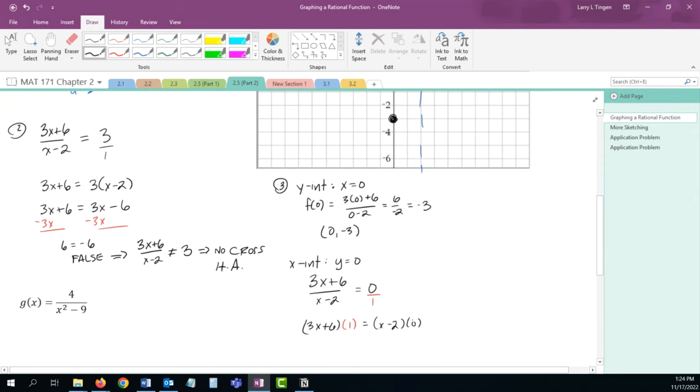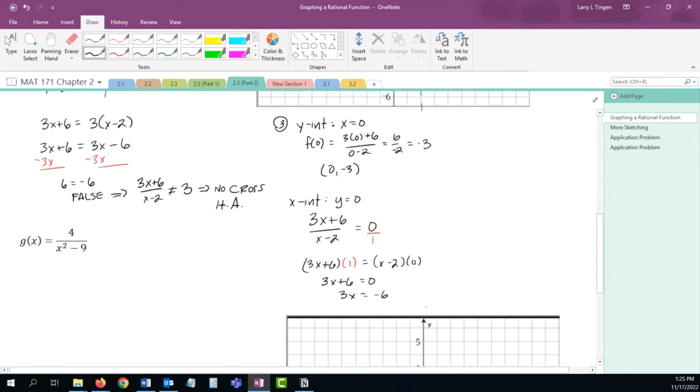See how that cross multiplies? On the right, x minus 2 times 0 is just 0. So I end up with 3x plus 6 equals 0, which means 3x is negative 6, which means x is negative 2. So I end up with the point (negative 2, 0).